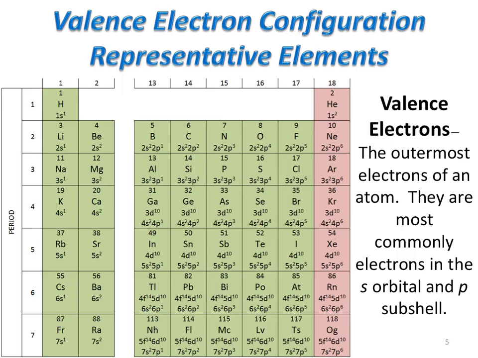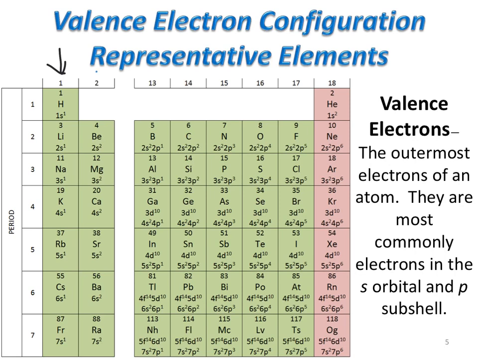Here we can see those valence electrons in their orbital configuration. Just remember, as you're looking at these, the noble gas electron configuration core has been left out. Only the outer electrons are on this table. In group 1, as you can see, 1s1, lithium 2s1, sodium 3s1, and so forth.